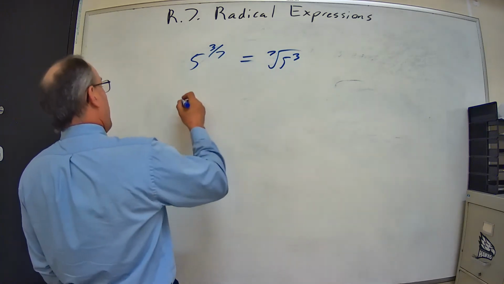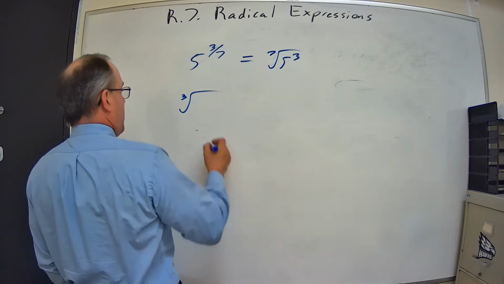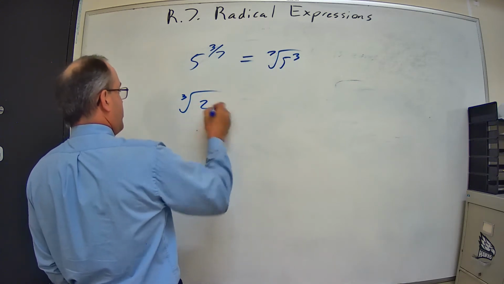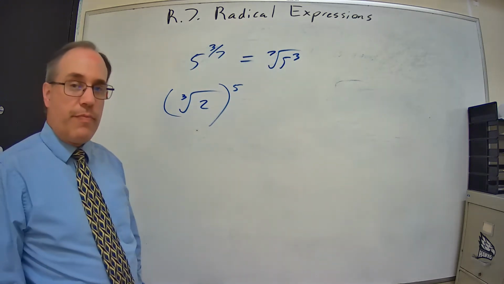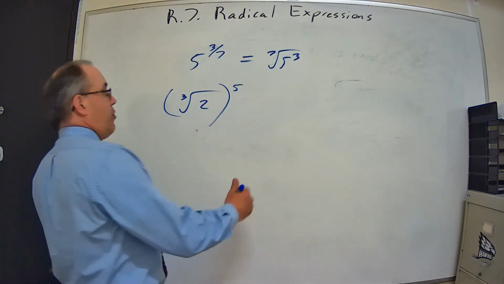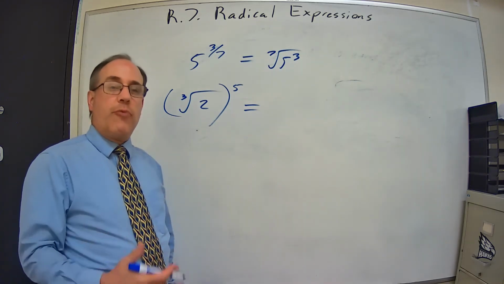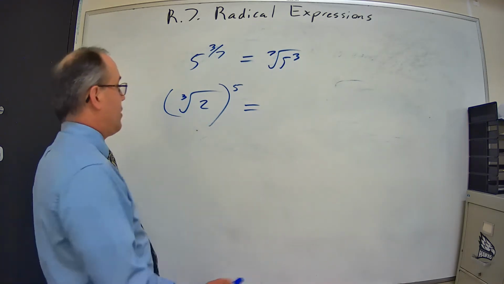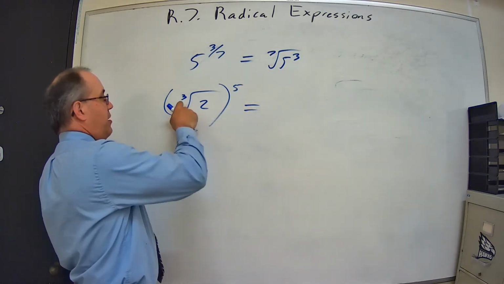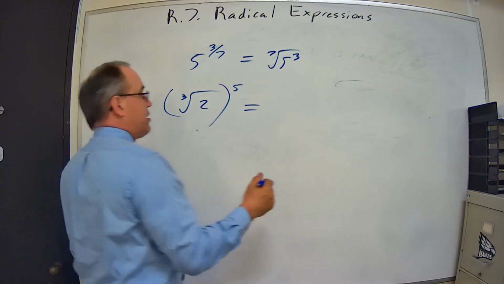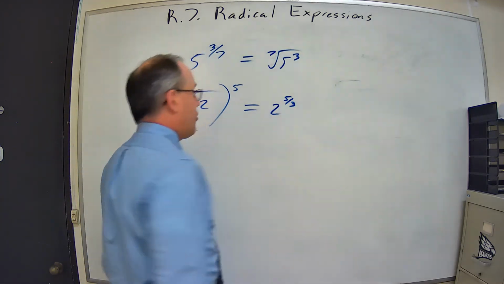What if I have the cube root of 2 to the 5th, and we want to convert that to an expression with a rational exponent? Well, again, the numerator is the power, the denominator is the index, so that would be 2 to the 5/3.